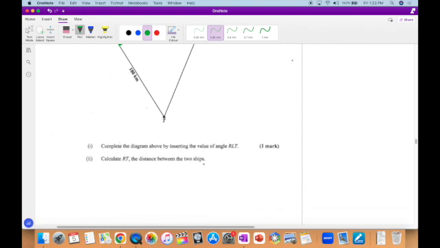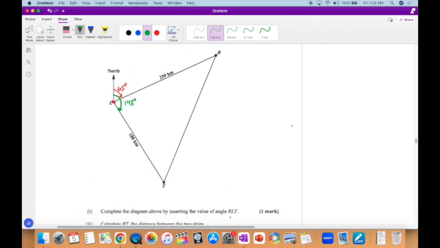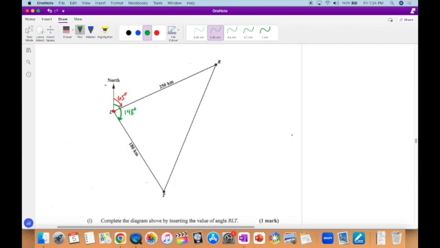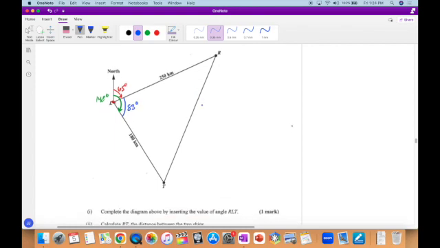Complete the diagram above by inserting the value of angle RLT. So if this is 148 degrees, then RLT will be 148 minus 65, which is this angle here, 83 degrees. So complete the diagram by inserting that.